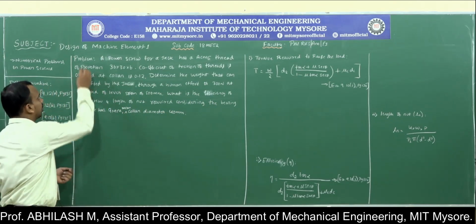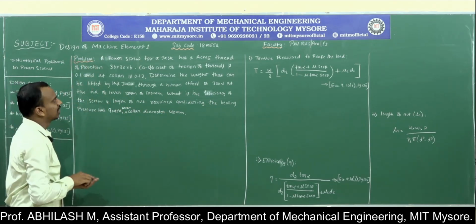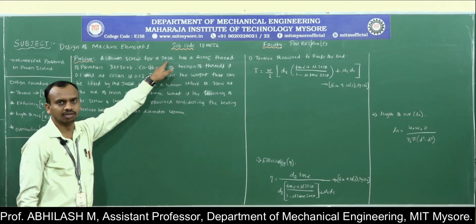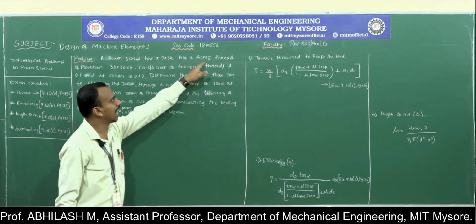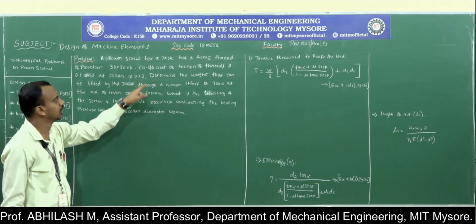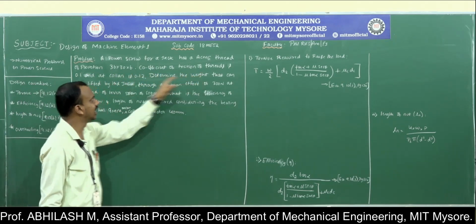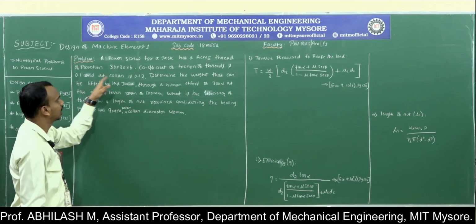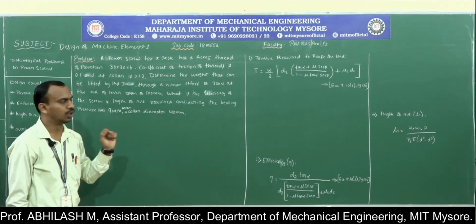The next problem statement is a power screw for a jack, they have given the specific application, has an Acme thread of proportion 36 cross 30 cross 6. The coefficient of friction of the threads is 0.1 and at the collar it is 0.12.